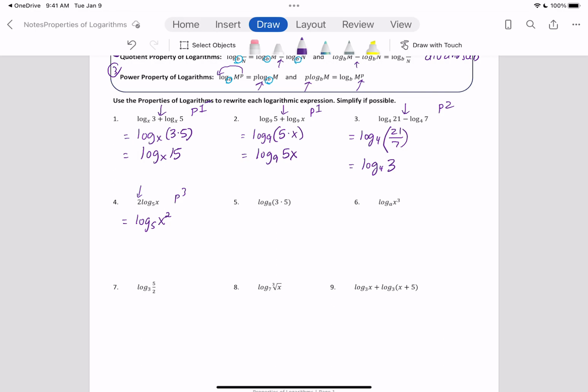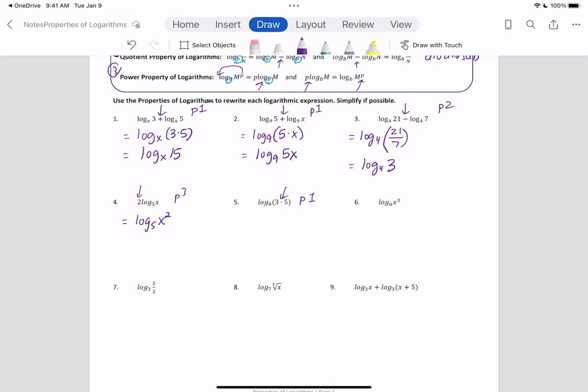All right, for number 5, we're going to go the other way, right? This one is property 1, but it's given as a product. So we're going to rewrite it as a sum. So there's a lot of different ways you can approach this.